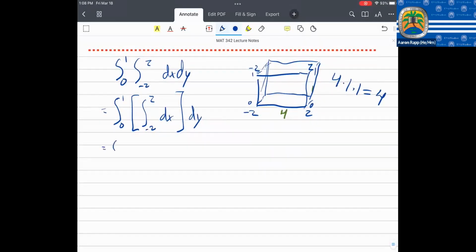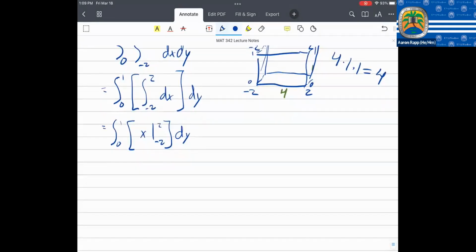X, which means this is the integral from 0 to 1 of x evaluated from -2 to 2. Guessing based on that noise, some people probably overcomplicated this. All right, well, I evaluate x from -2 to 2. It means I plug in a 2, subtract by plugging in a -2. Going to give me the total value of 4.